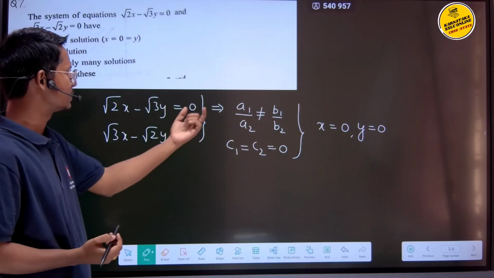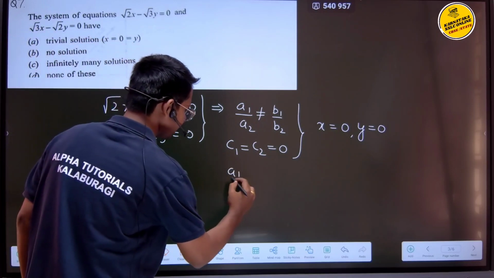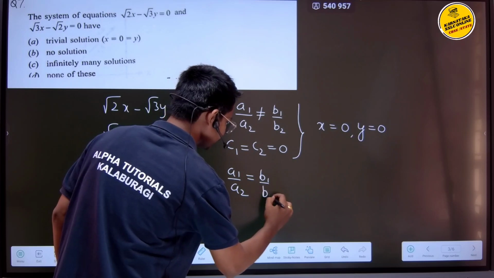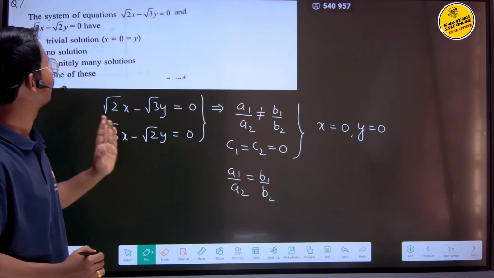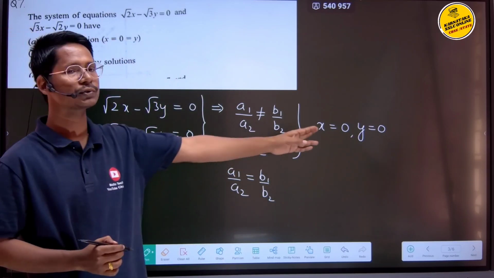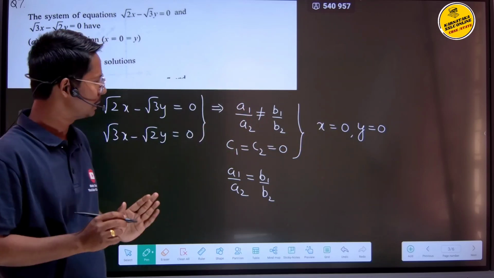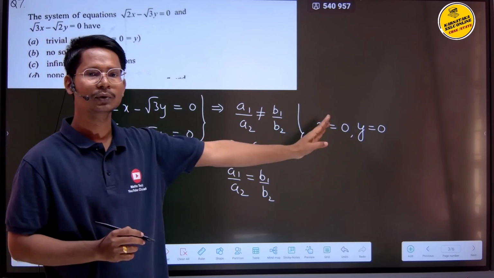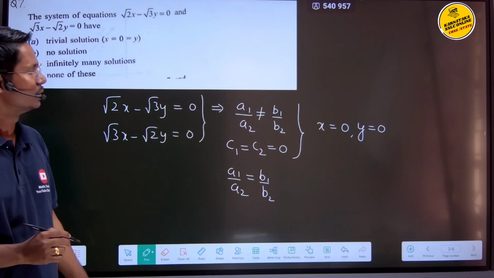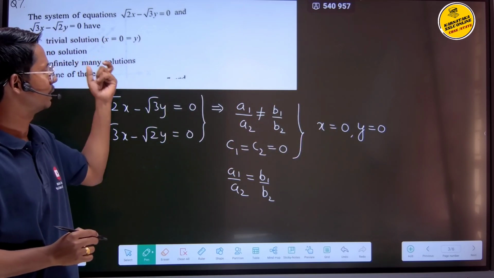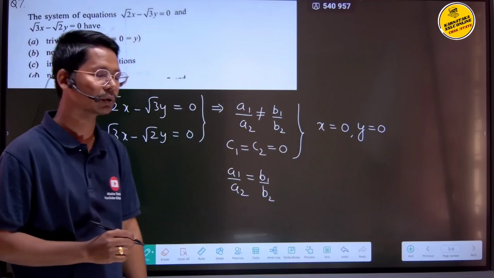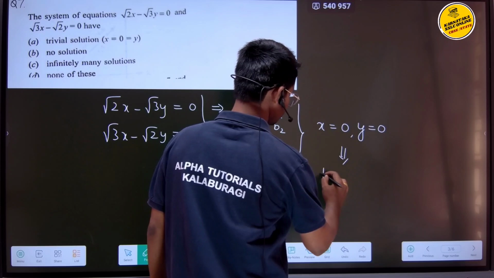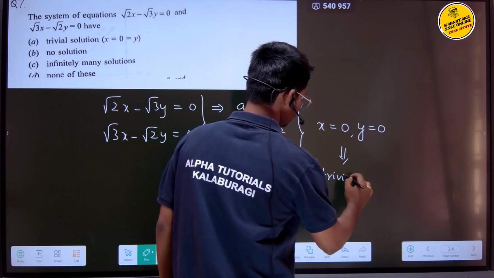You can ask me, sir, what if a1 by a2 is equal to b1 by b2? In this case also one of the solutions will be x equal to 0 and y equal to 0. It means either you consider the first case or the second case, x equal to 0, y equal to 0 will be the solution. Such equations where x equal to 0, y equal to 0 are called trivial solutions.